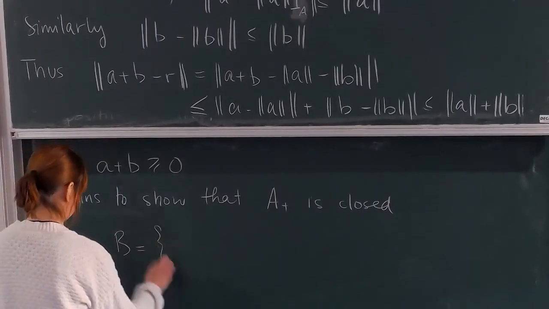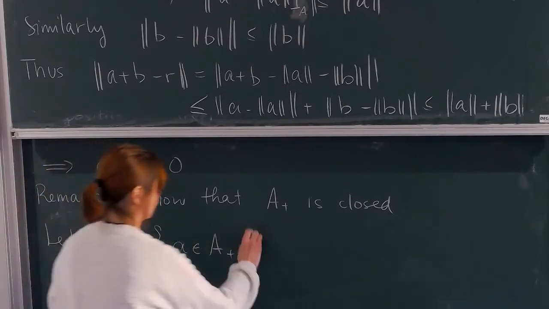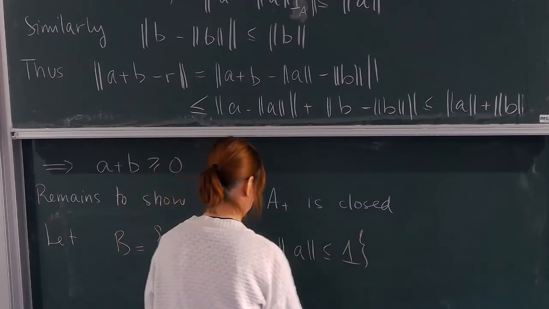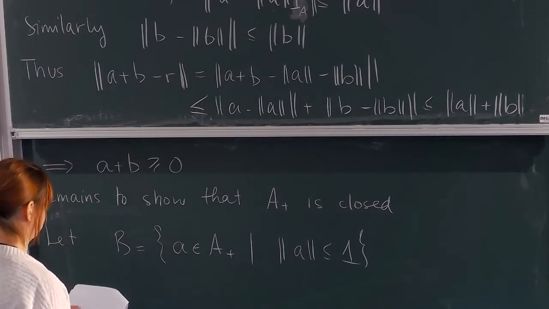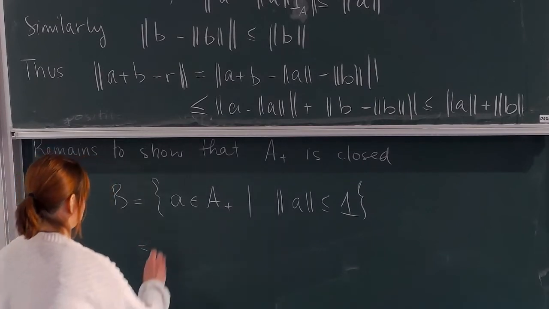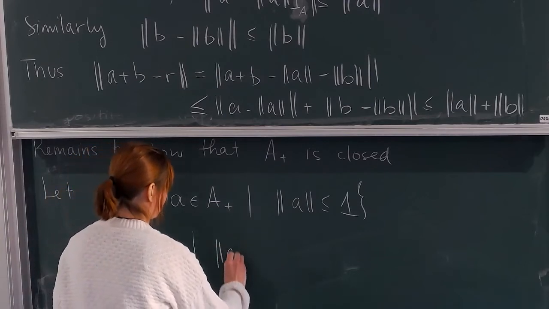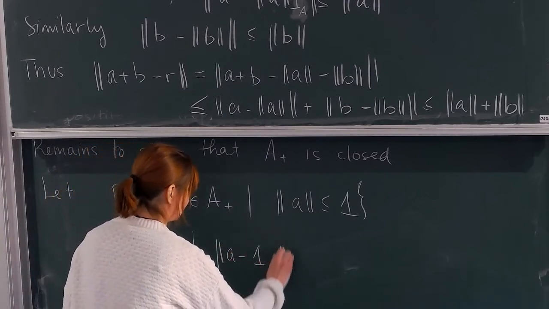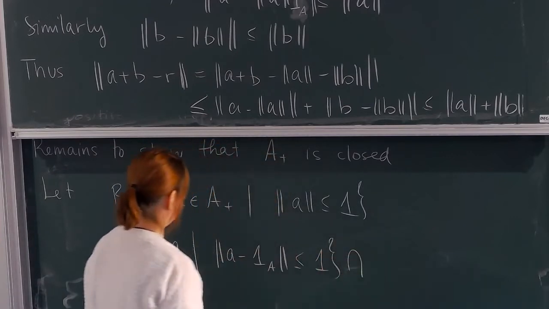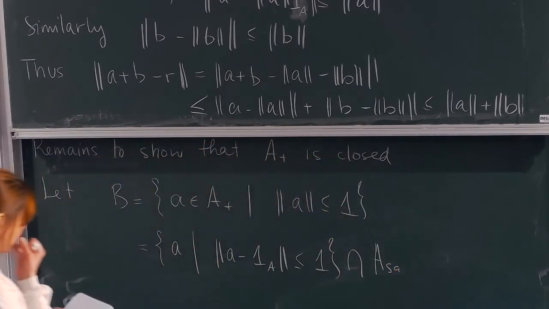So let B be the set of positive elements whose norm is at most 1. What is this? Well, we can rewrite this as all those elements A such that the norm of A minus 1 is at most 1, and A is self-adjoint.